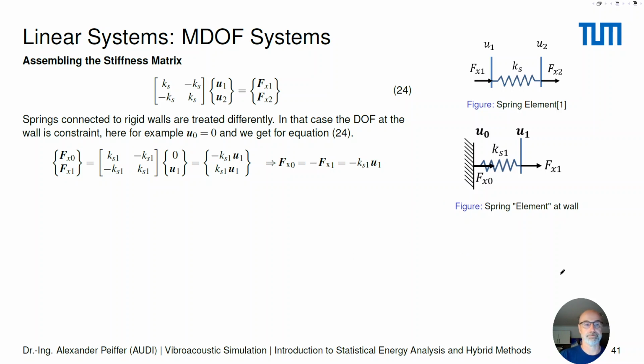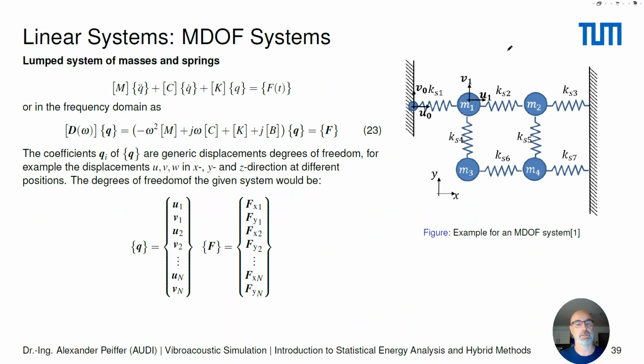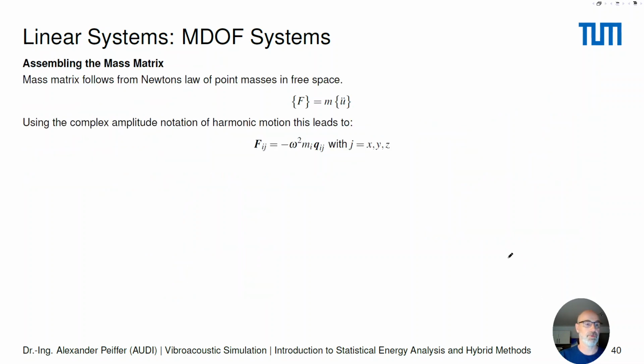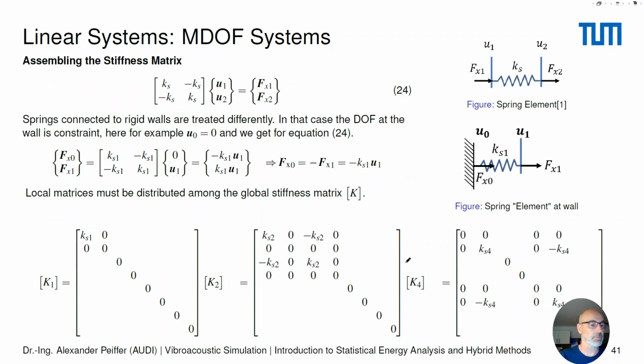Good. Coming back to the system that you've seen before with all the springs, we have spring 1, spring 2, and so on. How do we set up the stiffness matrix of all those springs? We are following more or less the same concept as before. I just give you some examples for the single springs.